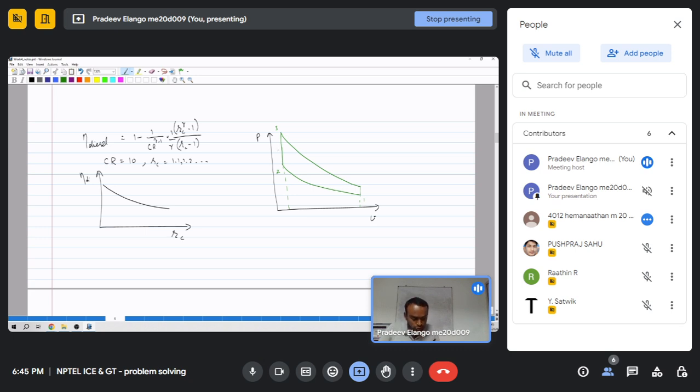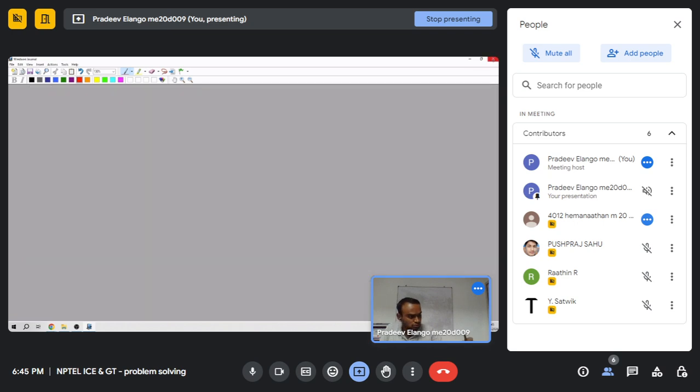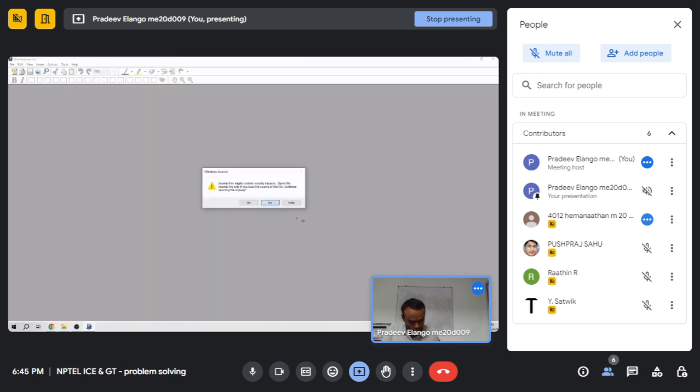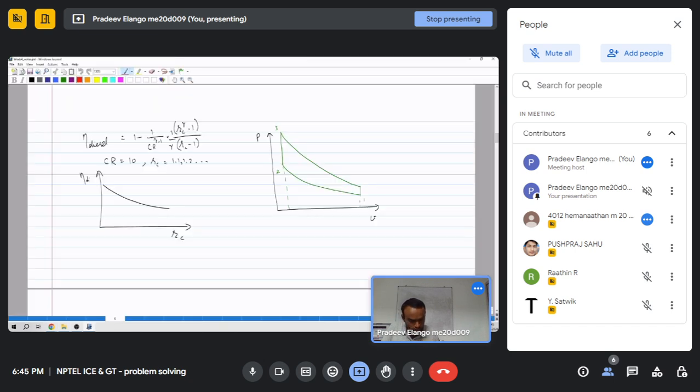So here I assume that I have given a heat input. Okay, so now green is the Otto cycle.